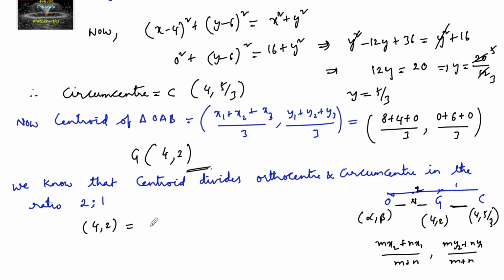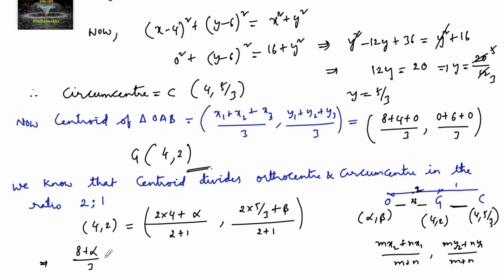So (2 times 4 plus 1 times alpha) upon (2 plus 1), and (2 times 5/3 plus 1 times beta) upon (2 plus 1). On simplifying, (8 plus alpha) upon 3 is equal to 4, comparing the coordinates, and (10/3 plus beta) upon 3 is equal to 2.